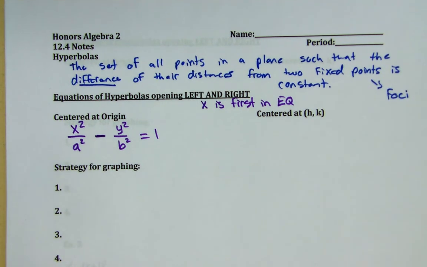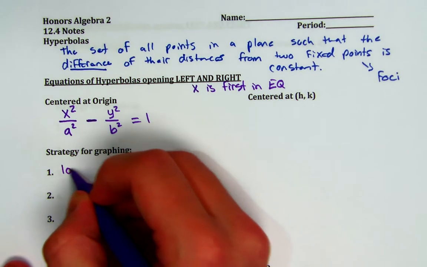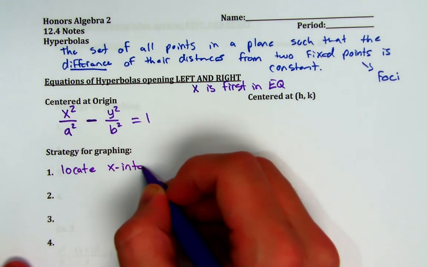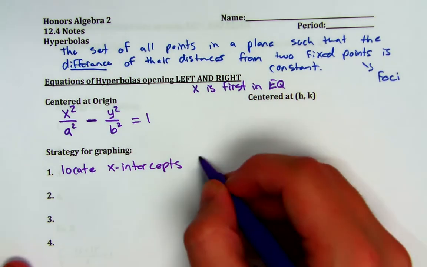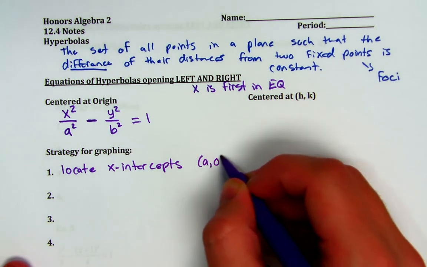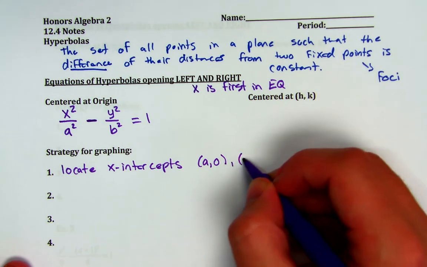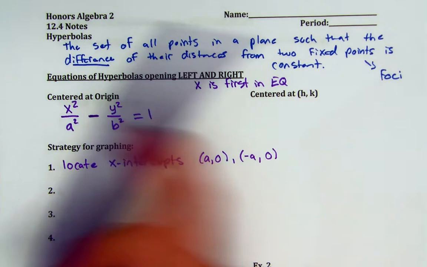Alright, so number 1, we're going to locate the x-intercepts, and those are at (a, 0) and at (negative a, 0). So basically solving for a.